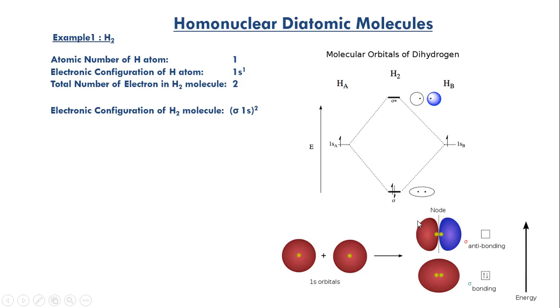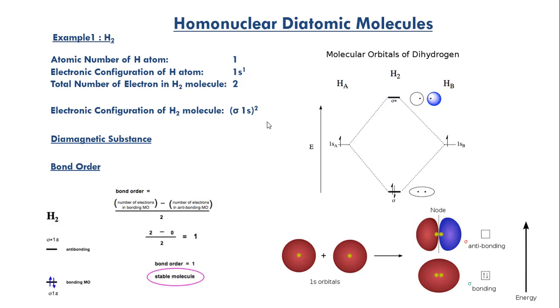Are there any unpaired electrons here? No. The sigma bonding molecular orbital has two paired electrons, and because of this it is a diamagnetic substance. That means when kept under an external magnetic field, it will have no effect from the field.